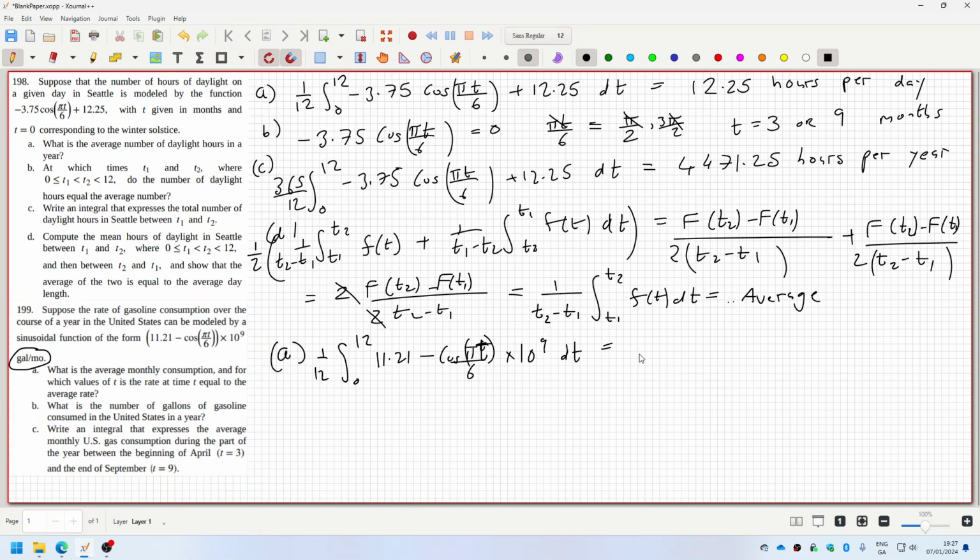So that would be 11.21 times 10 to the 9 gallons a month. And when will it be equal to that? It's actually the same equation situation as before. t is 3 or 9 months. The equinox, funny enough.